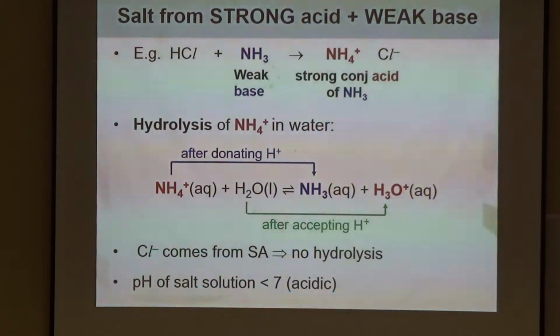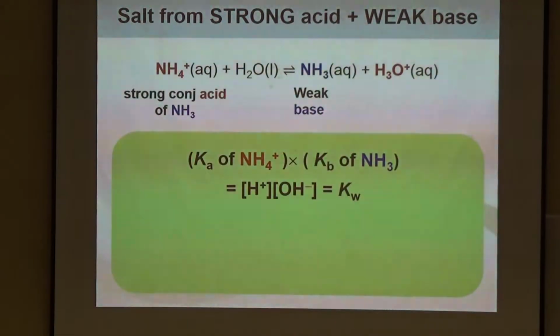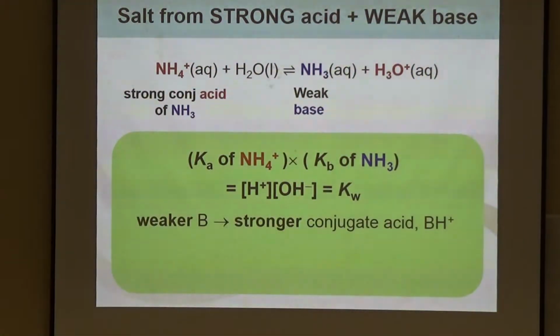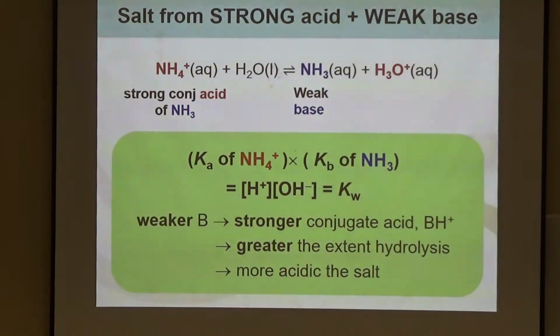So pH is less than 7, which is acidic. So the weaker the base, the stronger the conjugate acid, the greater the extent of hydrolysis, and the more acidic the salt. So this is listed there.